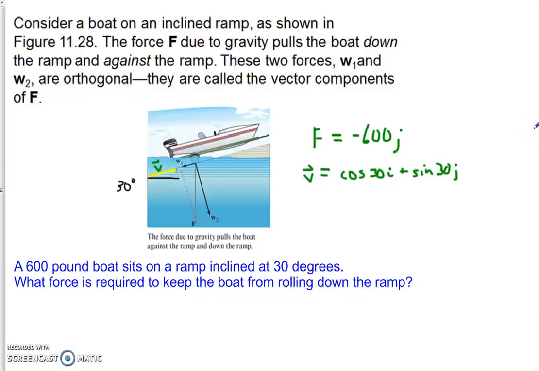And that simplifies, of course, cosine of 30 is the square root of 3 over 2 i plus the sine of 30, excuse me, let me erase that, and that's 1/2 j.